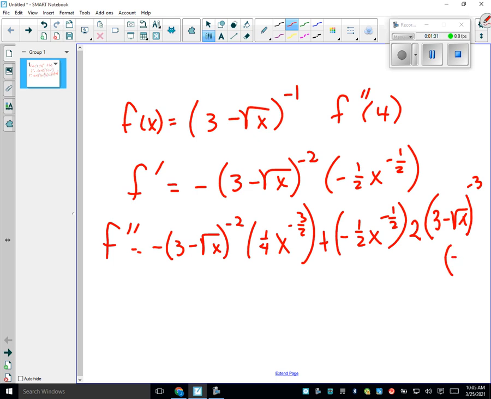Oh, we had to do negative 1/2 x to the negative 1/2. Yes.